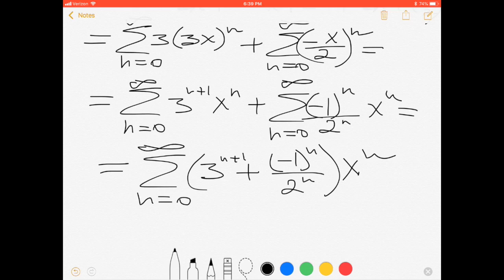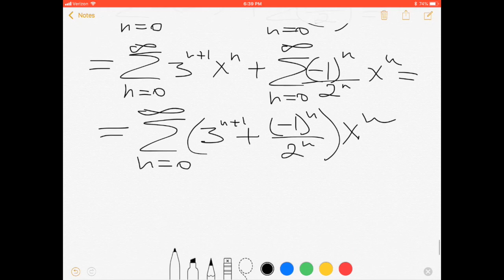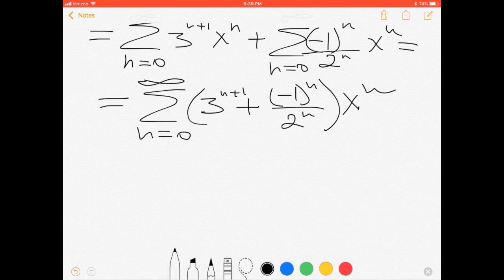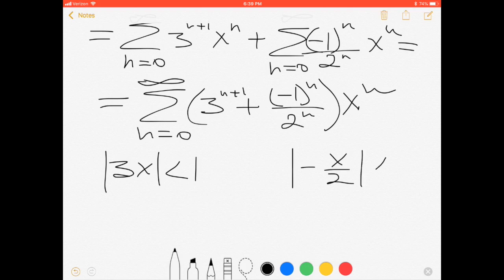We did it. What about the interval of convergence? The first series converges if the absolute value of 3x is less than 1. The second series converges if the absolute value of negative x over 2 is less than 1. Here you have x greater than negative 1/3 and less than 1/3.